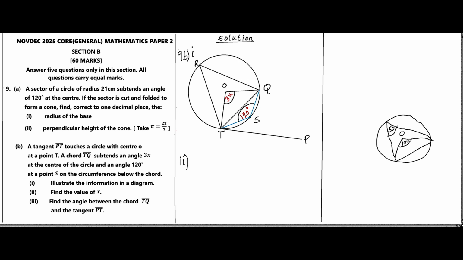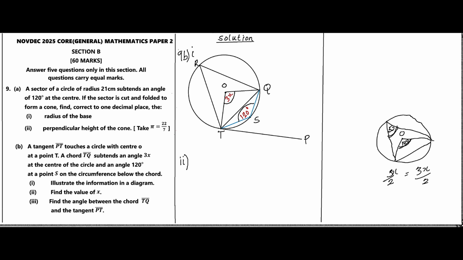So now that we have the center and we want the angle at the circumference, what do we do? We have to divide the angle at the center by 2. So the angle at the center here is 3x. Because we are looking for the angle at the circumference, we have to divide 3x by 2. So that is 3x on 2.